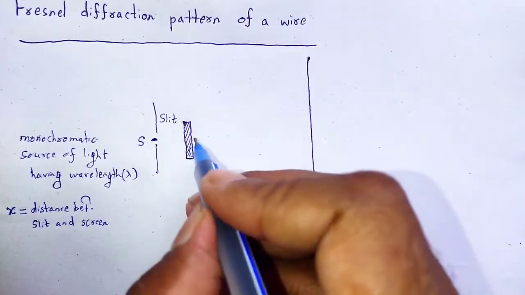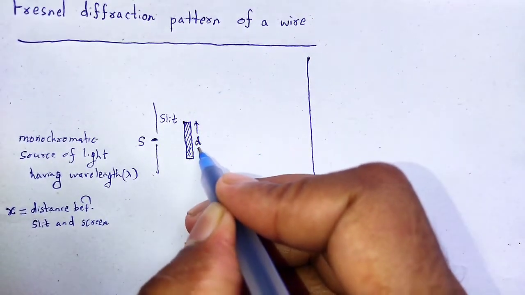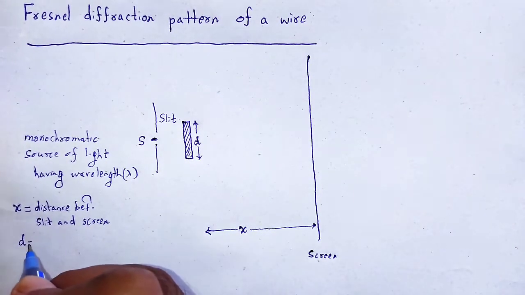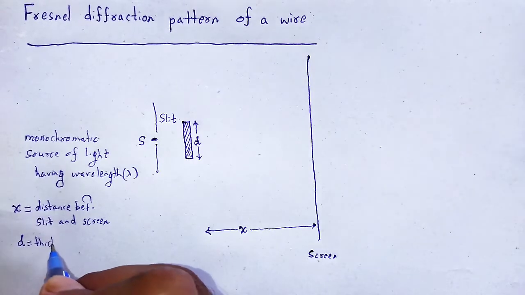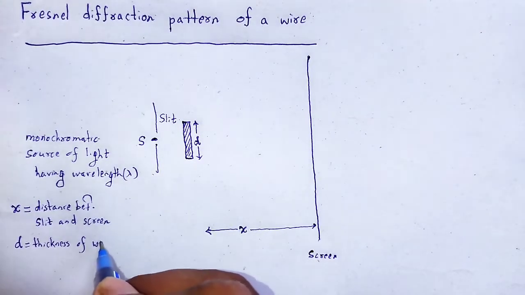Let d be the thickness of that wire. d is the thickness of the wire.